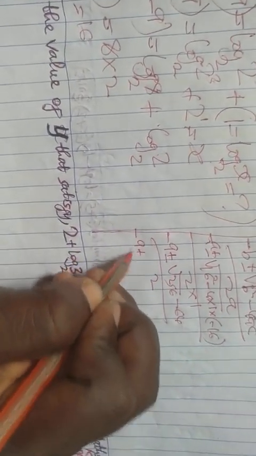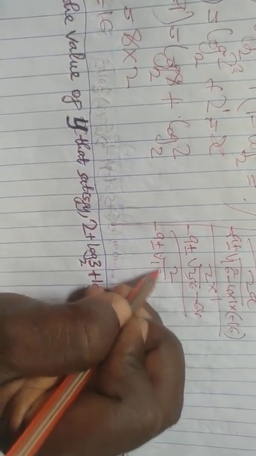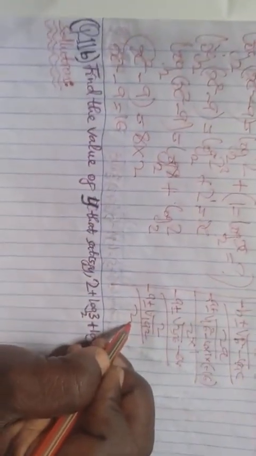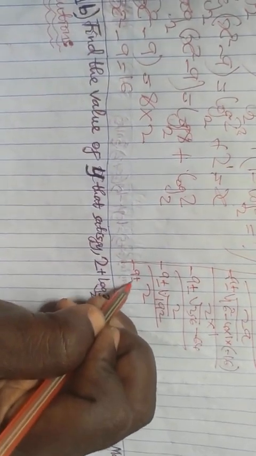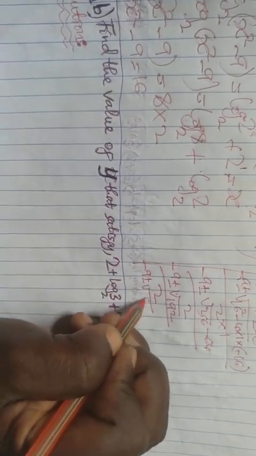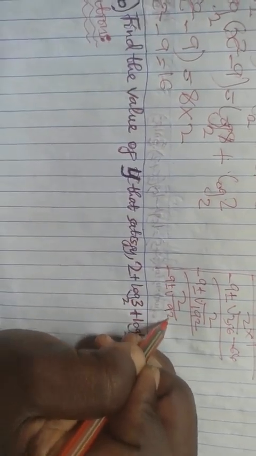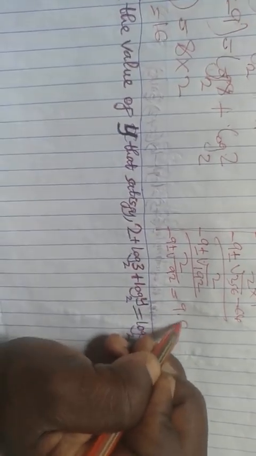Negative 9 plus or minus the square root of 192 all divided by 2. Negative 9 plus or minus the square root of 92 is equal to 9.6.